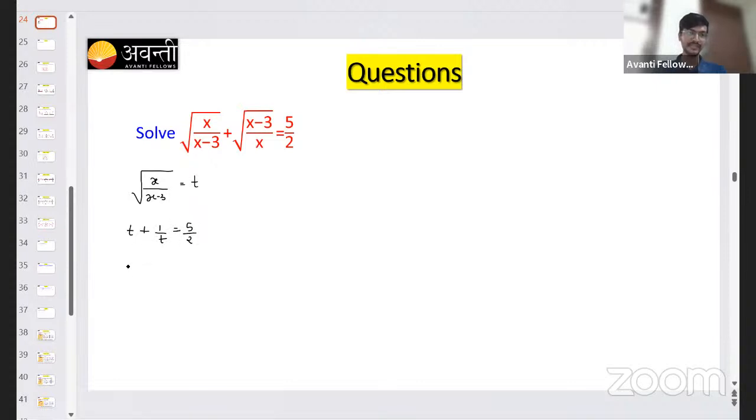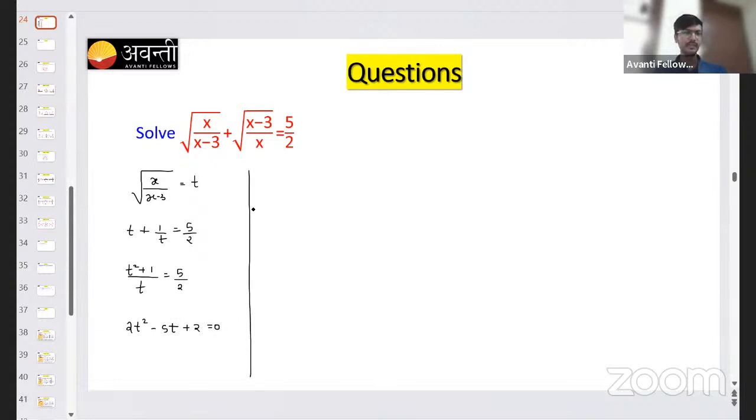If I take LCM, I'll get t square plus 1 by t equals 5 by 2. Let's cross multiply. So the equation I'll get will be 2t square plus 2 minus 5t equals 0. What are the factors here?